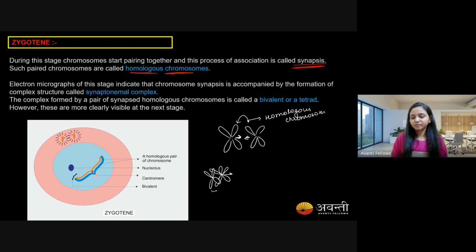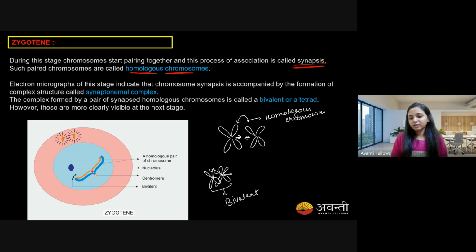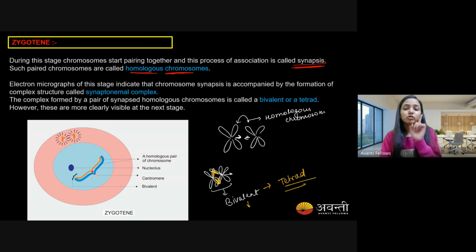We call it bivalent, एंड साइनेप्सिस कितनी क्रोमैटिड्स के बीच में हो रहा है, 1 2 3 4, देयर आर साइनेप्सिस बिटवीन 4 क्रोमैटिड, तो bivalent is also known as tetrad. Bivalent means 2 chromosomes and tetrad means 4 chromatids.